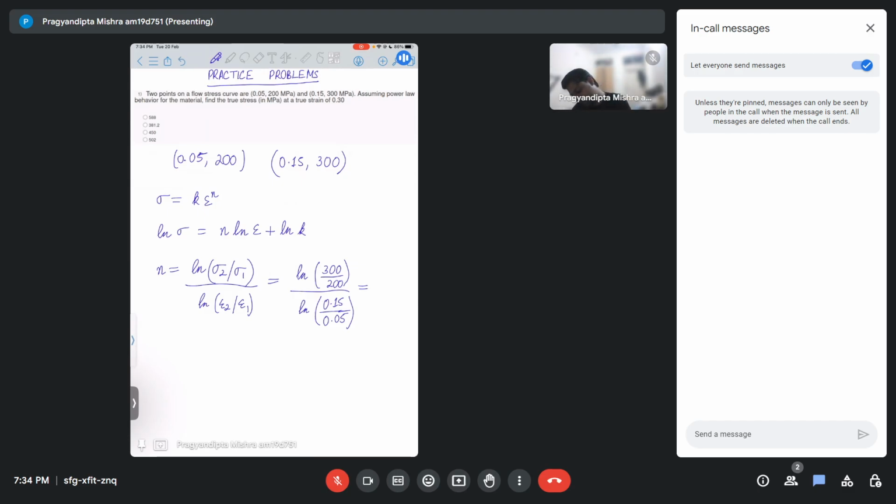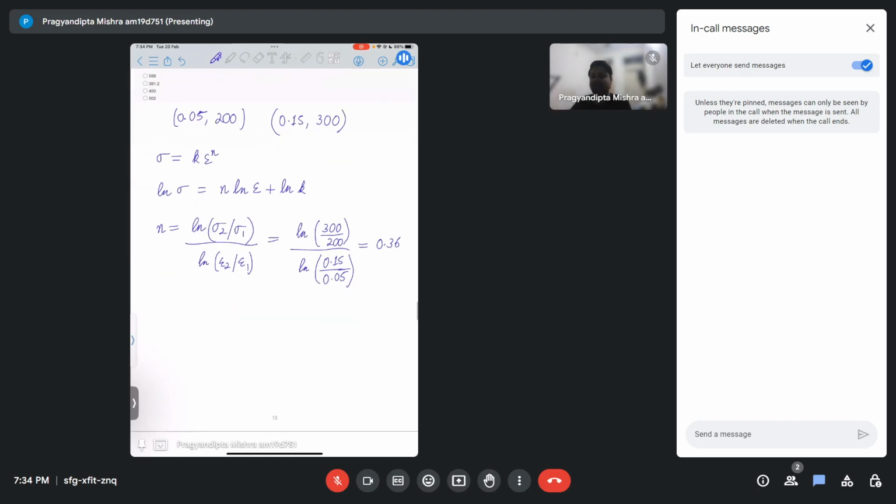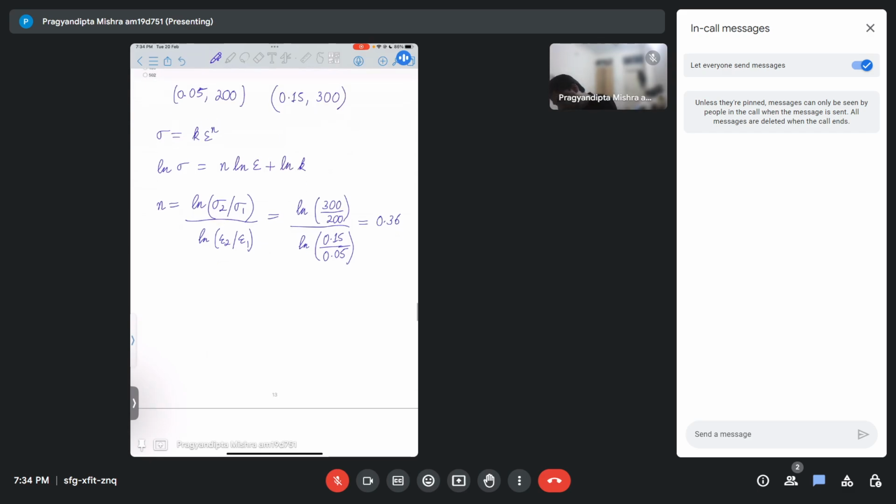So the final answer is 0.36. So n is 0.36. Now, if we substitute for one of the cases, let's say 0.05, 200, 200 is equal to K times 0.05 to the power 0.36.